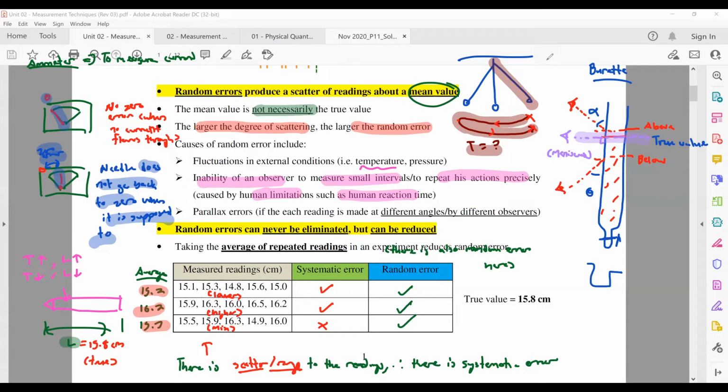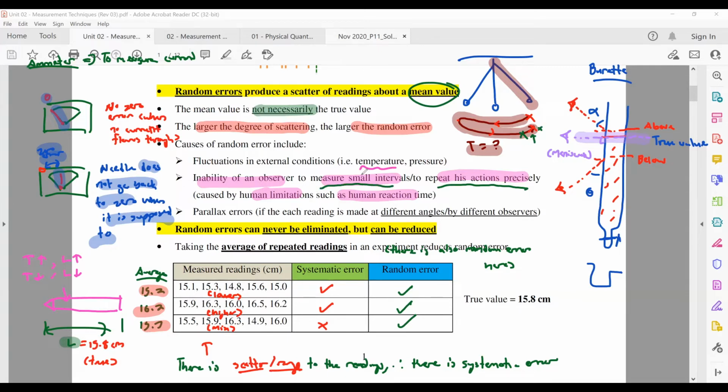But you see, the thing is that when you do the timing using a stopwatch, how sure are you that you will stop exactly at the highest point of its oscillation here? You might suddenly stop your stopwatch a bit too early or a bit too late. That is due to your inability to measure small intervals.